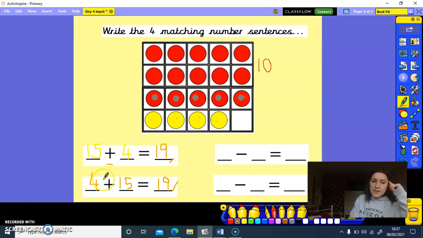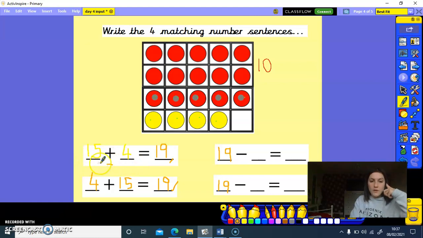This time I'm using the same 3 numbers but creating a subtraction sentence. If it is a subtraction sentence, what number has to be at the start? The biggest, because you want to take things away from it. And your friends would be very upset if you didn't have enough sweets to take away from. So 19 at the start. I can then choose whichever number I want.